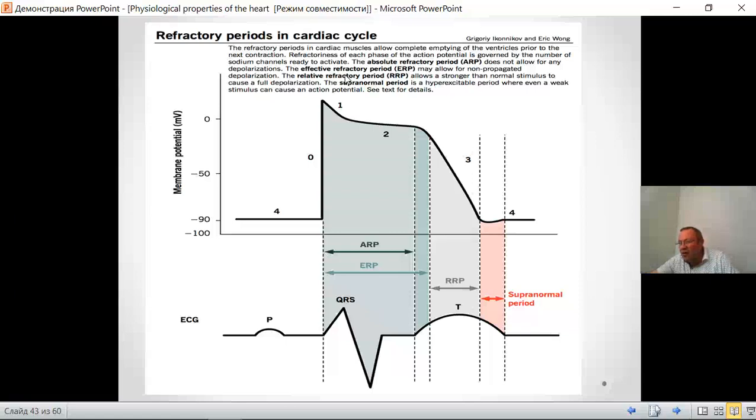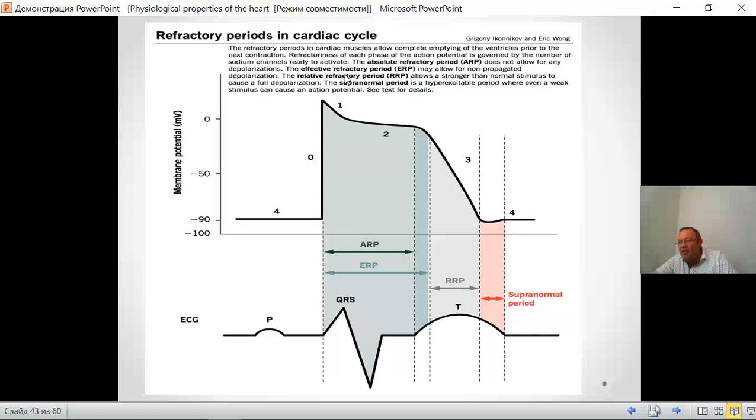No matter how large a stimulus might be applied, the cell is incapable of responding. Therefore, during those phases of the action potential when the membrane potential is depolarized, a portion of the sodium ion channels will be closed because the inactivation gates are closed.